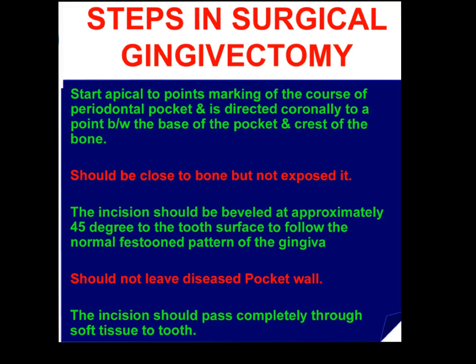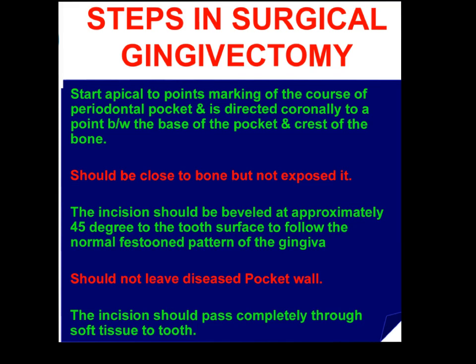We should start apical to the points marking the course of the periodontal pocket. First of all, we mark the area, and it's directed coronally to a point between the base of the pocket and the crest of the bone. And it should be close to bone but not expose it.